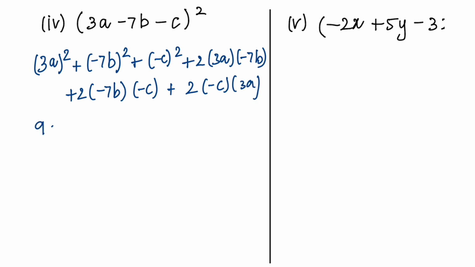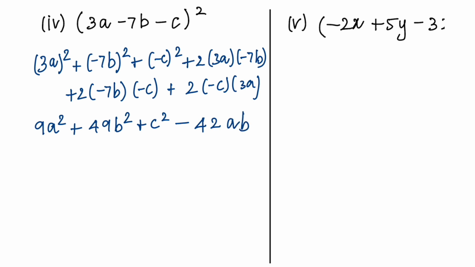3a the whole squared becomes 9a squared and minus 7b the whole squared becomes 49b squared and minus c the whole squared becomes c squared, and minus 2 into 3 is 6, 6 times 7 is 42.